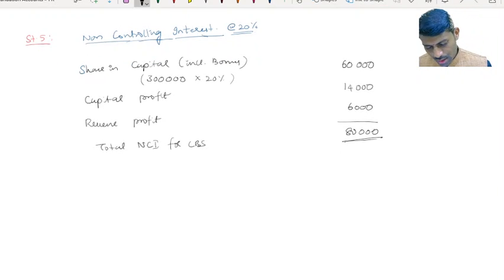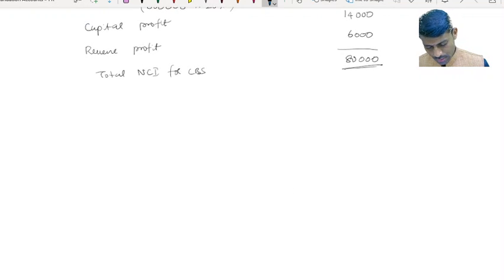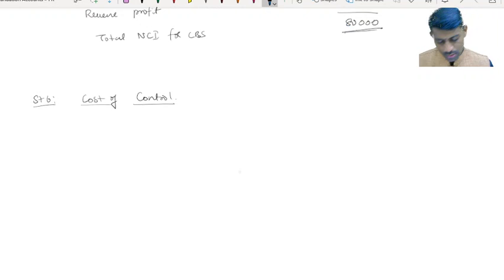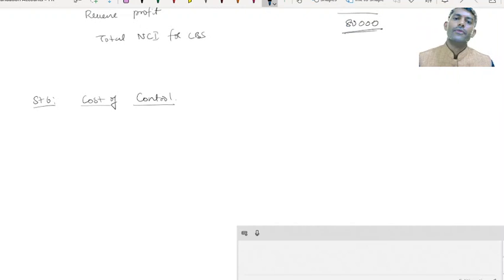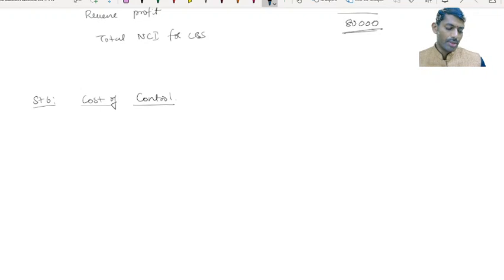Next, step 6, cost of control. To start with, here fair values of assets and non-current asset measurement are not available. Therefore directly we will go with the liability route of measurement. To start with, cost of investment.